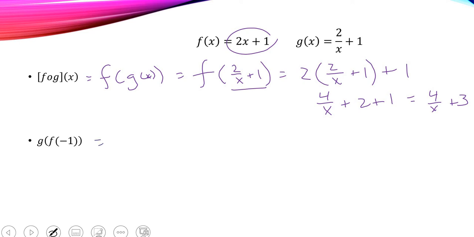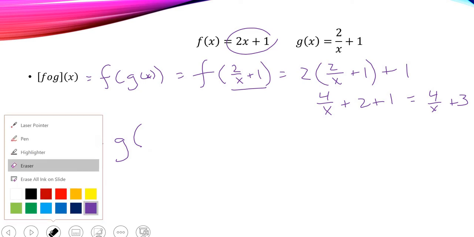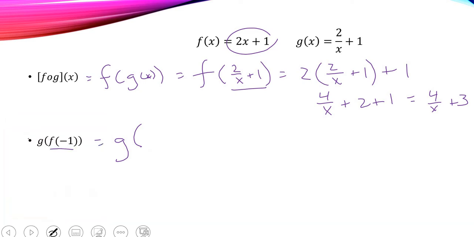Let's look at this one. This one, I want to take the g function. My input should be f of negative 1. Well, f of negative 1 would be 2 times negative 1 plus 1, which would be negative 2 plus 1, which is negative 1.